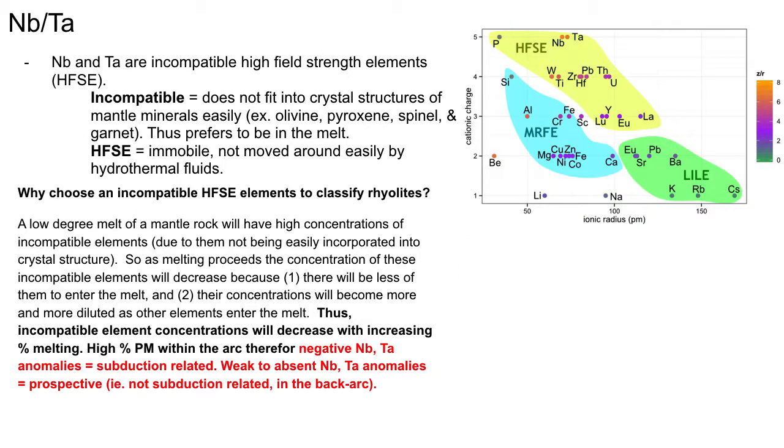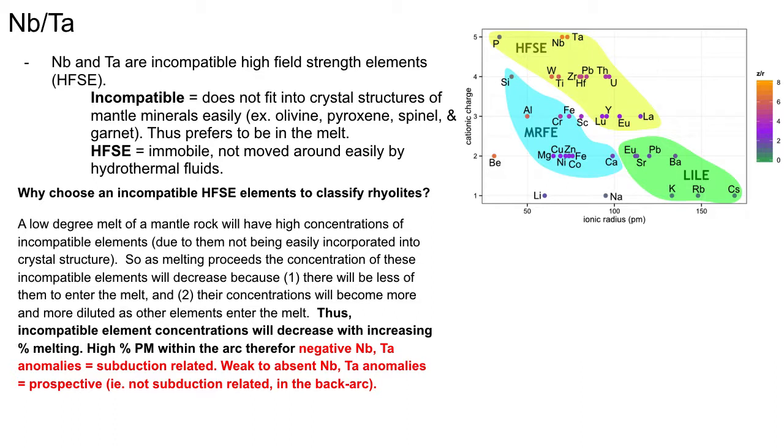So now we'll be going over Nb and Ta anomalies and what those tell us about a rhyolite's prospectivity. Nb and Ta are incompatible high field strength elements. When I say incompatible, it means these elements don't fit into the crystal structure of mantle minerals very easily, so they prefer to be in the melt.